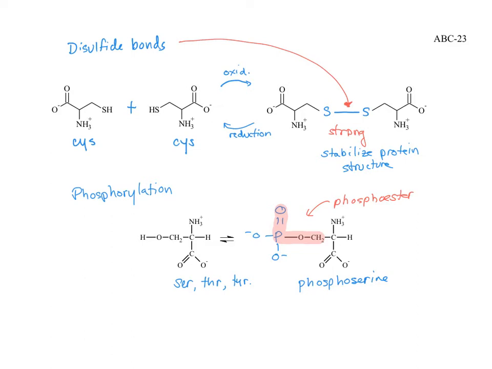So the phosphorylation changes the properties of serine, threonine, or tyrosine to be much more polar and negatively charged. We're going to see this, like I said, many times, and it's very important in biology, but that's a good introduction for us now. Let's leave it at that.